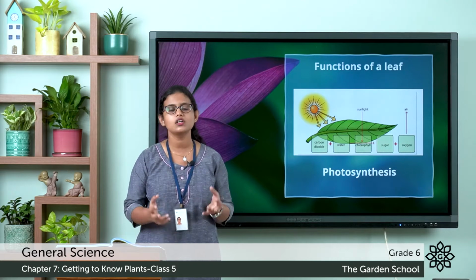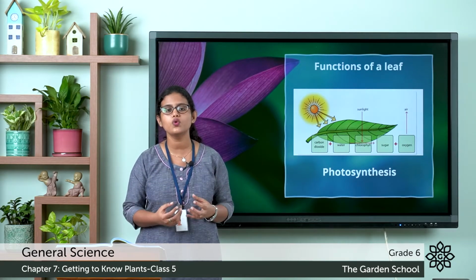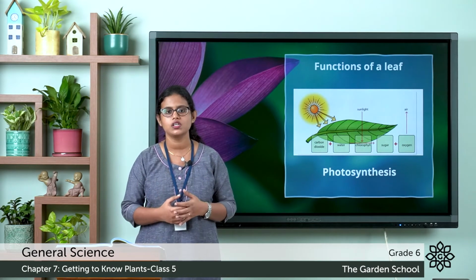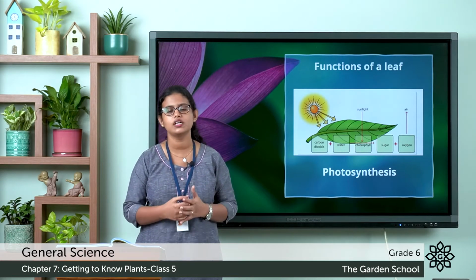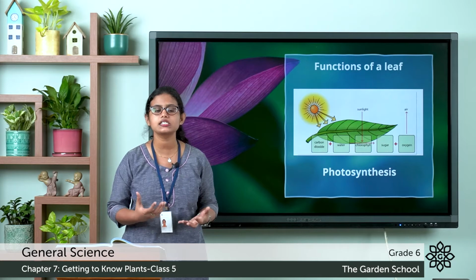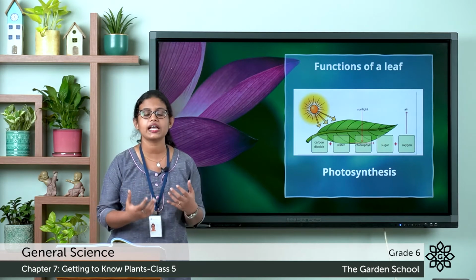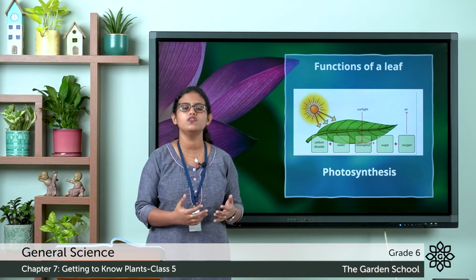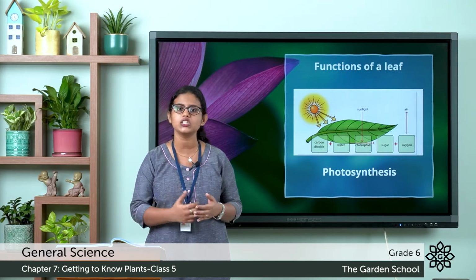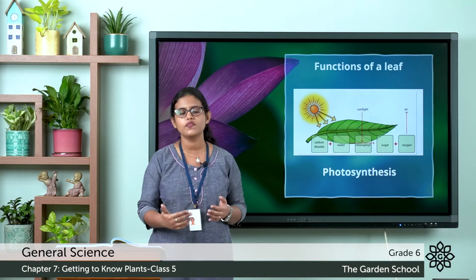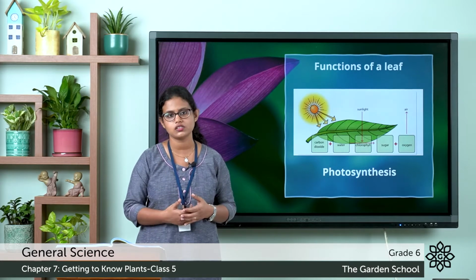So we know that plants prepare food by themselves, and some of the food is used by them to live. And what about the excess amount of food? The excess amount of food is converted into starch and it is stored in different parts of a plant.